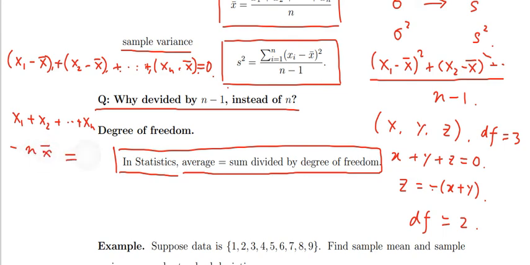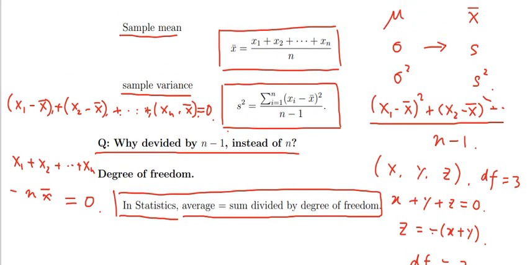So we can say this just equals 0, right? Because what is n times x bar? N multiplied by x bar equals x1 plus x2 plus xn, right? Okay, so for sample values we should divide by n minus 1.